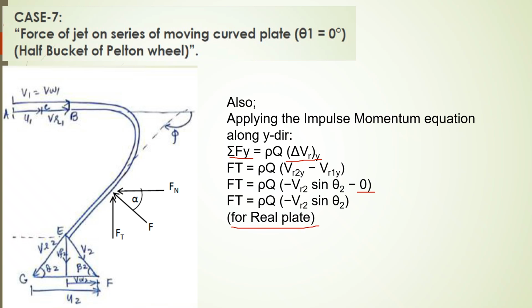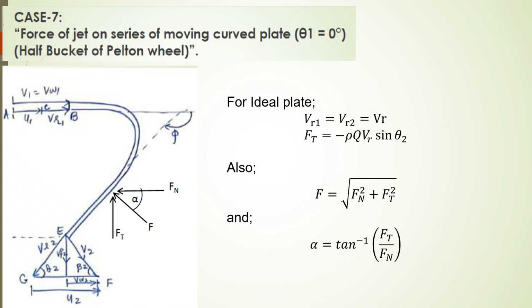This is for the real case, and for the ideal case VR2 is replaced by VR1 equal to VR. So for ideal plates, Ft is equal to minus rho Q VR sine of theta 2. For the resultant, we have the square root of Fn square plus Ft square, and alpha is equal to tan inverse of Ft over Fn.